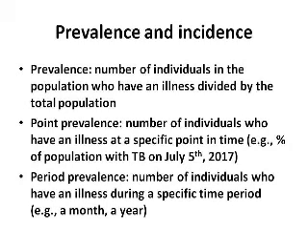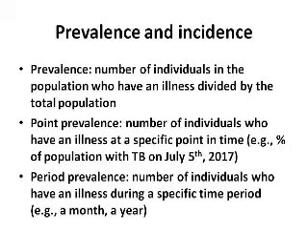Now there is also period prevalence, and this is the number of individuals who have an illness during a specific time period. So it's not just one day, but it may also be a month or a year. And the difference between point prevalence and period prevalence is relevant, because there are some illnesses that may last for shorter or longer periods. So depending on what we're looking for, we can choose as a measure either point prevalence or period prevalence.